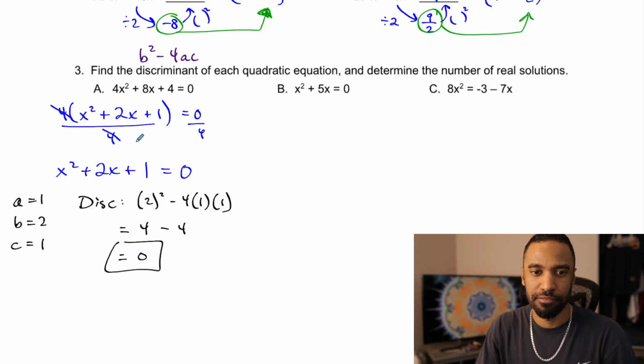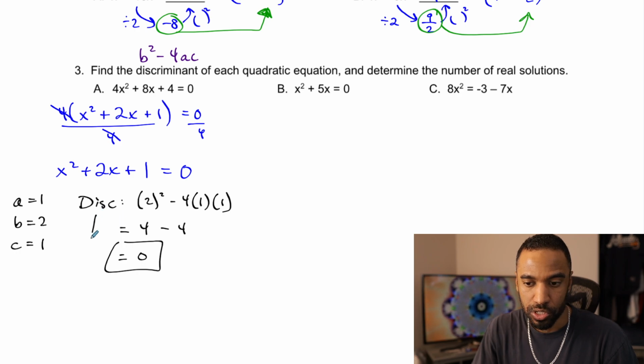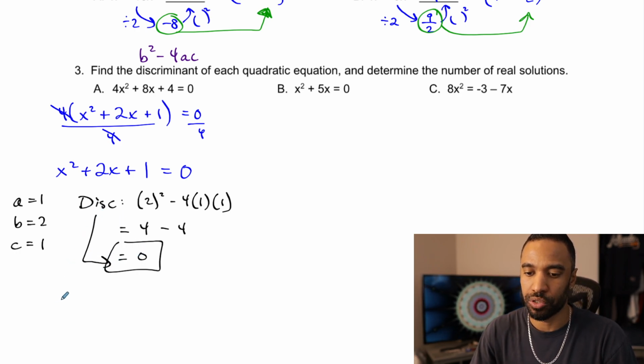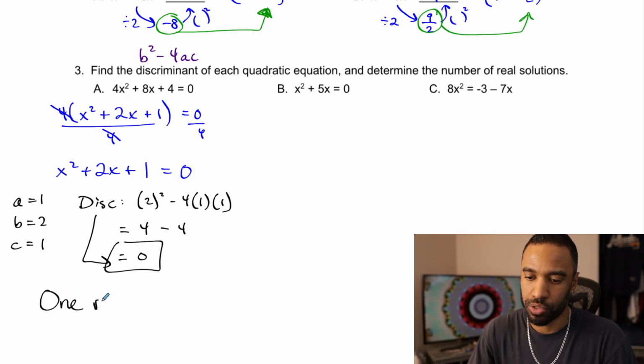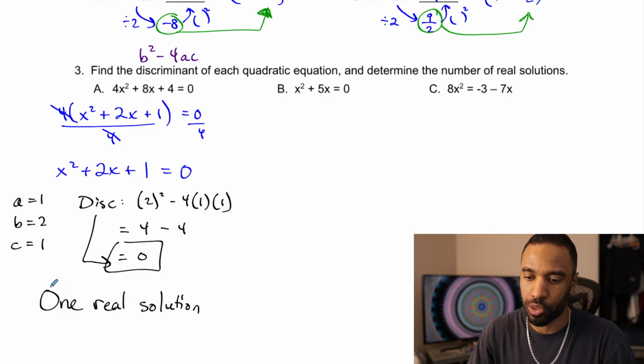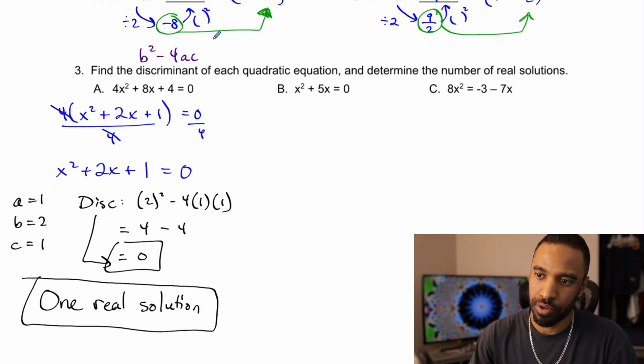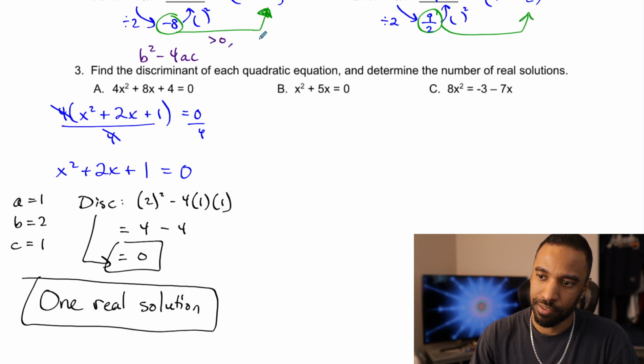If you have a discriminant of 0, that means you'll have one real solution. I might dig into that a little bit more when I actually do the quadratic formula, but the way that we talk about these is, if this is greater than 0, we have 2 real solutions.